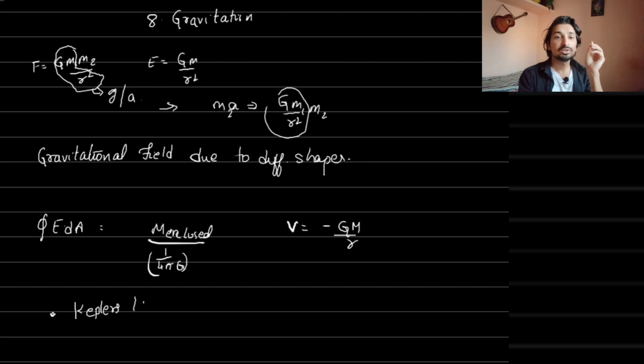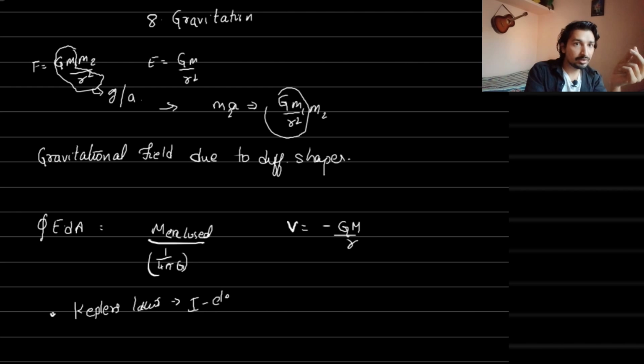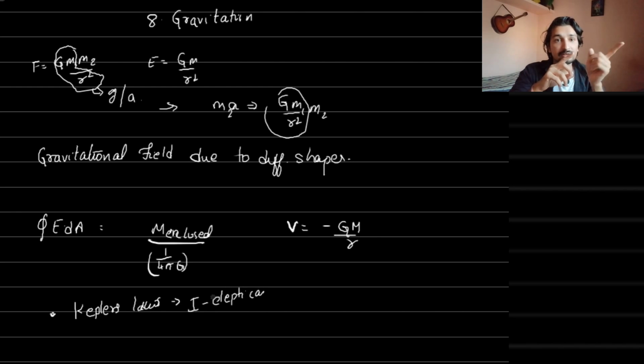So if you say one day, for example, in one day it started from one point and came to another point, and the radius vector swept some area. That will be equal to the area swept in another day, so always the swept areas will be equal.